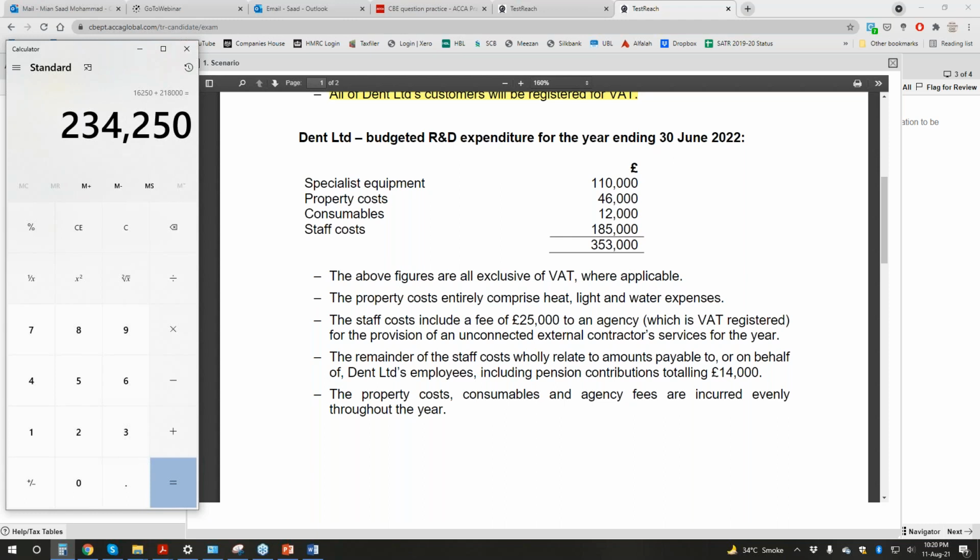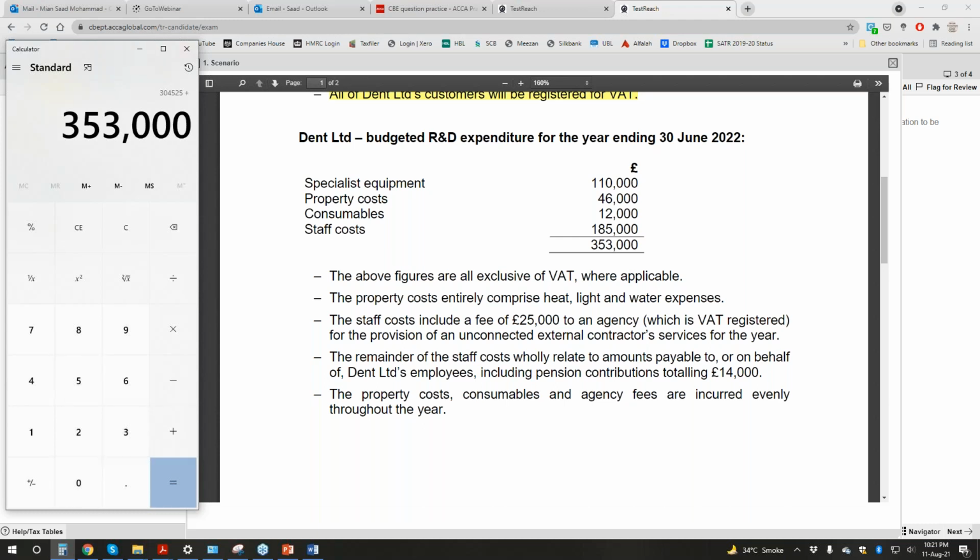So it's 234,250 total amount that does qualify for the enhanced relief. Let's take 130% of that. It's 304,525.